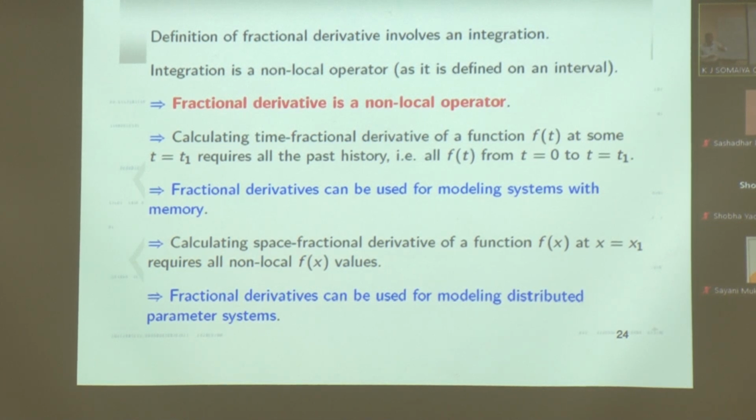It considers memory-based effects, and now you can better understand in the physical sense: if a particular operator considers the past history, it works as a memory base. So how is this applicable in real life fields? That's the beauty of this operator, and that's the reason many scientists and mathematicians make it a better choice, particularly with respect to the time variable, because in the context of the fractional derivative it has a wide scope of application in various fields: in digital signal processing, as I told you, and in the designing of materials and structures.